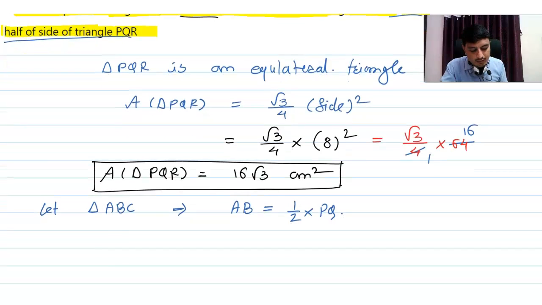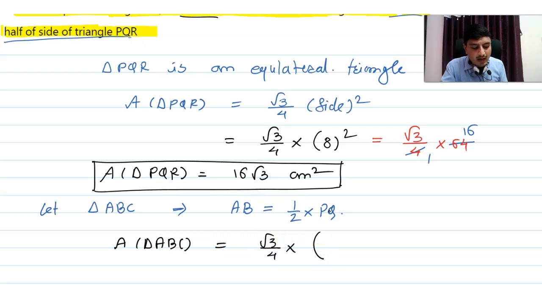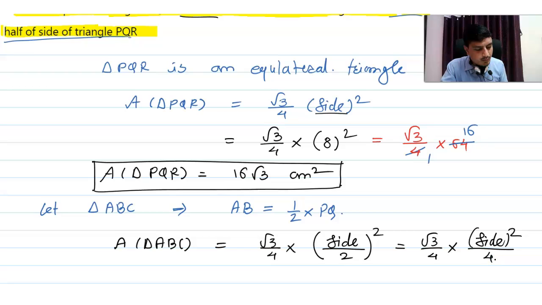Now we have to evaluate the area of triangle ABC, which equals root 3 by 4 times half of the side, so side divided by 2 the whole square. Separating out the square, we get root 3 by 4 into side square divided by 2 square, which is 4.